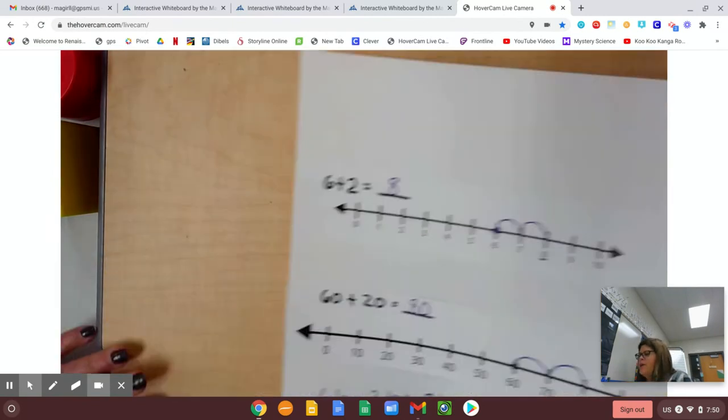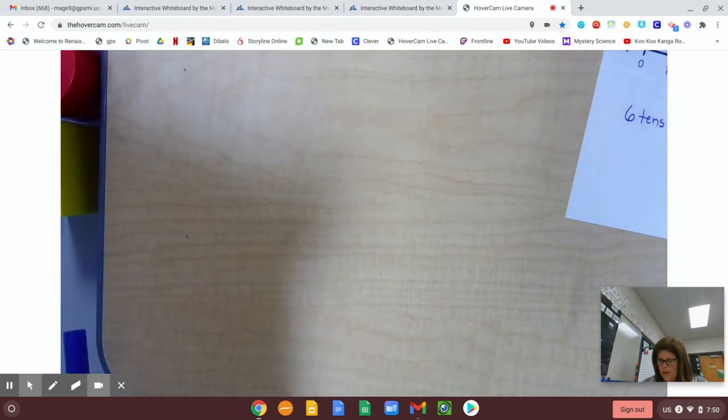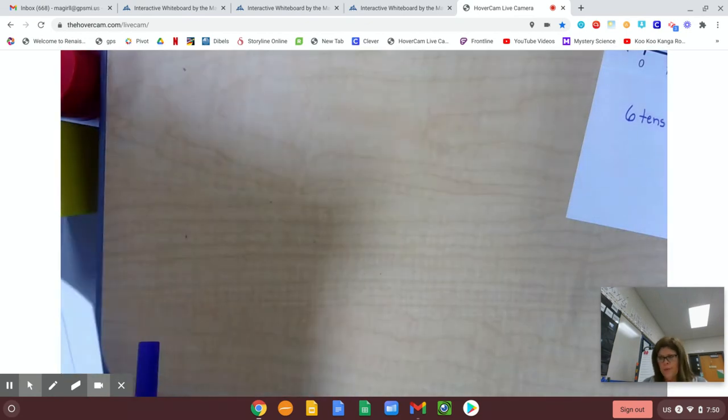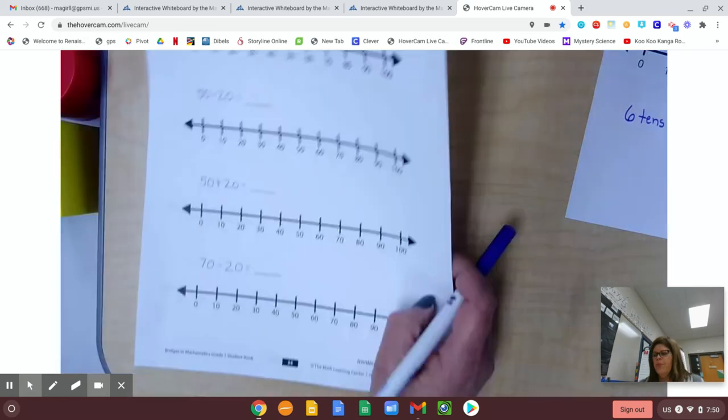Okay, so now we need to go back to either whiteboards or paper, okay? Or actually, if I forgot, you might have your math papers because that's what we're actually going to be using. Page 24 and page 25 from your math books.